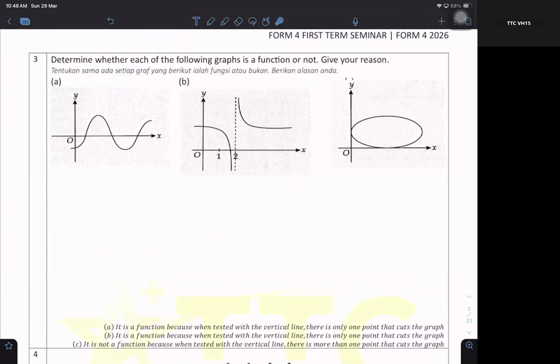This one, number 3. Determine whether it's a function or not. You do the line test. Just now I showed you the theory already, right? You remember? So you imagine a horizontal line. A horizontal line touches many points, right?